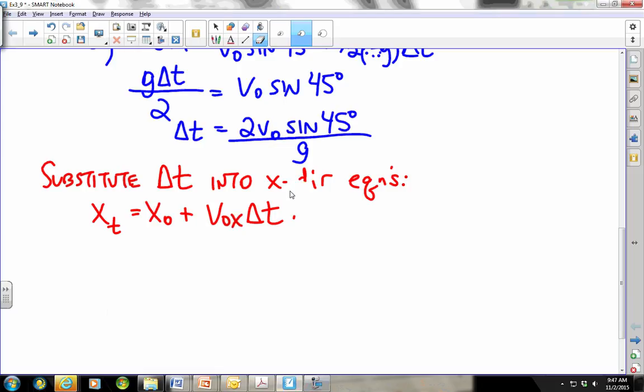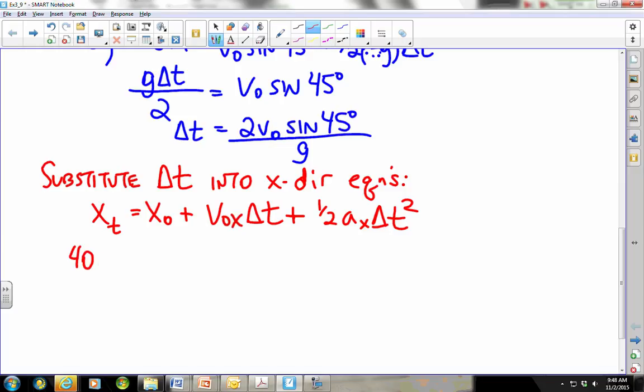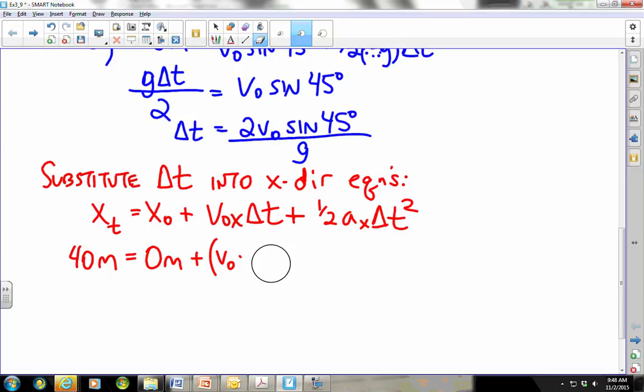Plus 1/2. But remember, it's not accelerating in the x direction. So anyway, I've got 40 meters as my position at time t. It started at 0. v0x is really just part of v0, cosine technically, cosine 45 degrees, that's what v0x is.